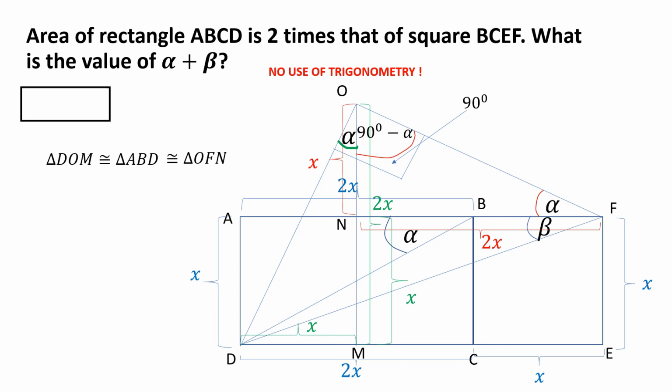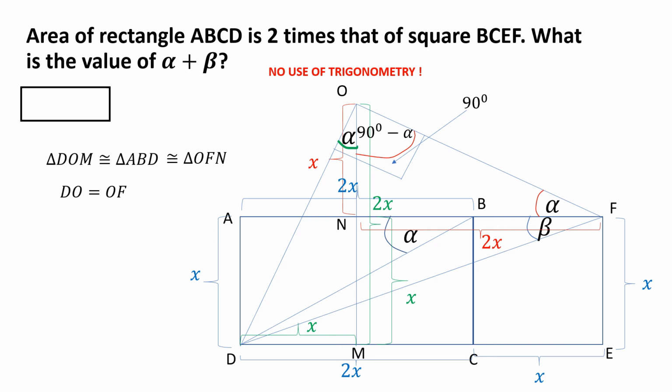Now, from congruency of triangle DOM with triangle OFN, we basically have DO is equal to OF, because they are corresponding sides of congruent triangles. So they should be equal. And if those two sides are equal, then triangle DOF must be an isosceles triangle because two of its sides are equal.